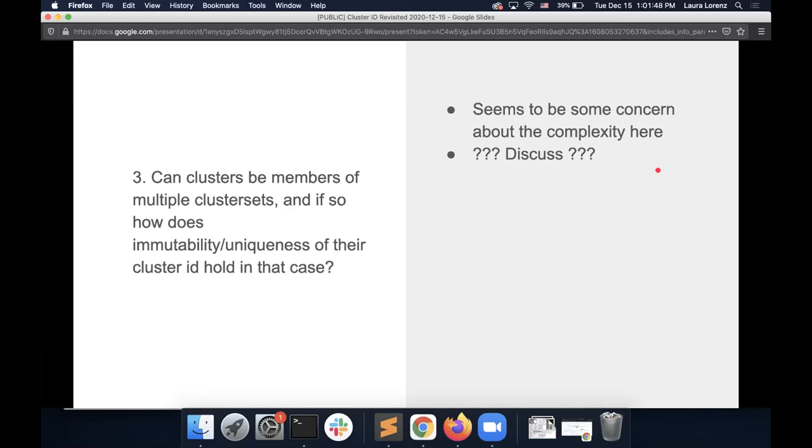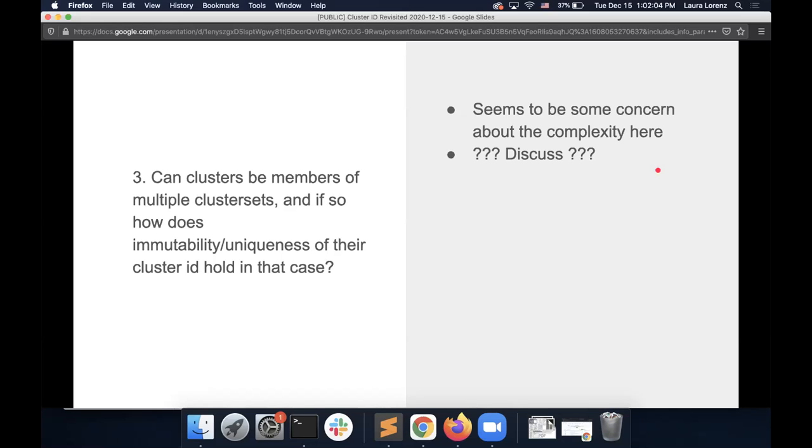One way to address this is just to say that if you think that you need to be in two different cluster sets, you're really just describing a cluster set with a bigger boundary than you thought. Yes, that's exactly how I feel about it. You actually just made your cluster set bigger.